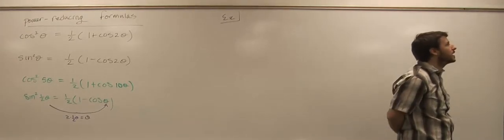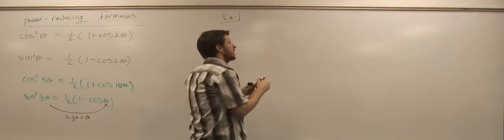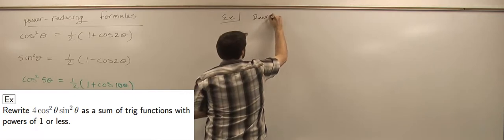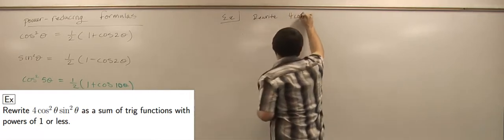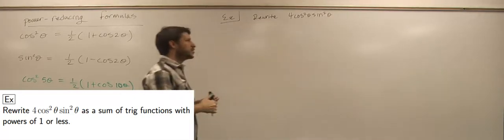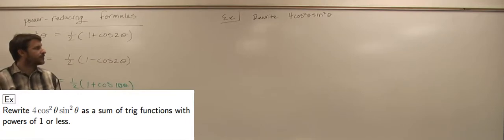I want to rewrite 4 cos squared theta sine squared theta, but I want to write it using trig functions with powers 1 or less, so 1 or 0.